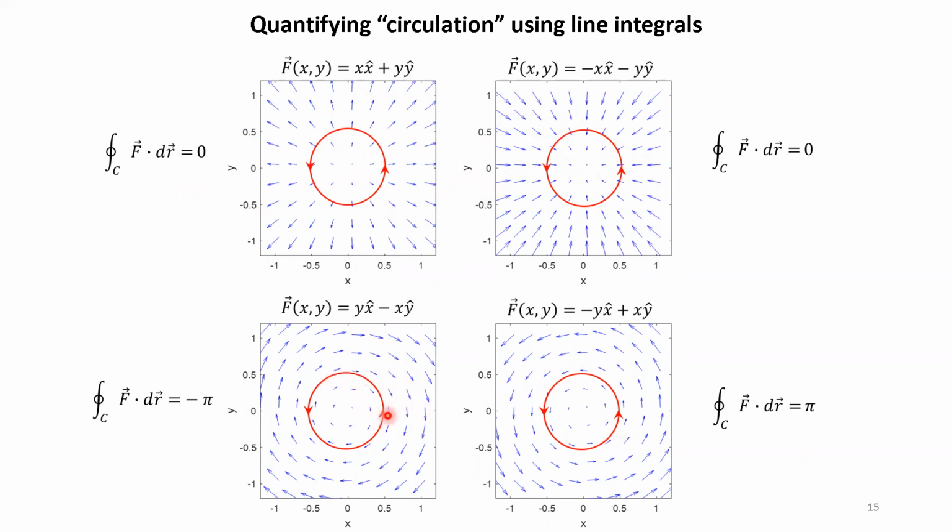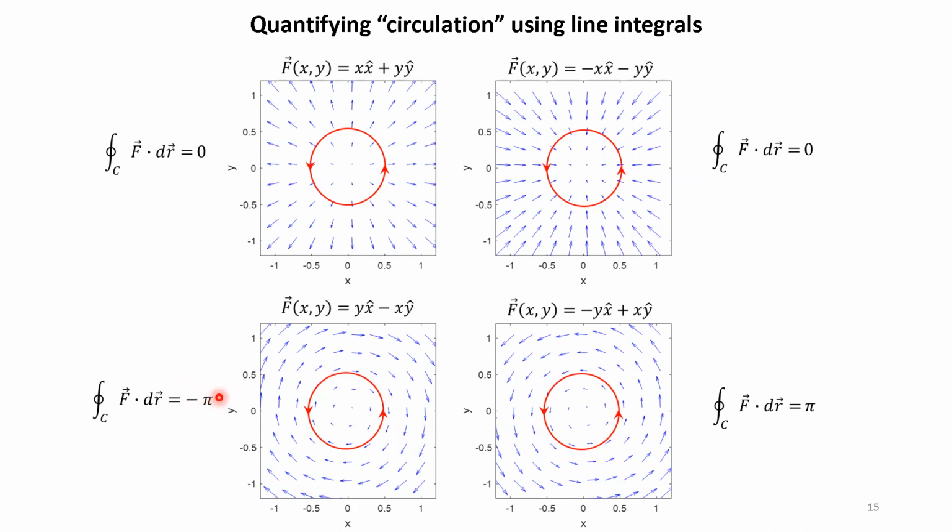Here, you see that the result is off by a minus sign, because here the force is always pushing you forward, but here, if you go along this, the direction of the vectors always goes against you. So it is not surprising that you get a negative number.